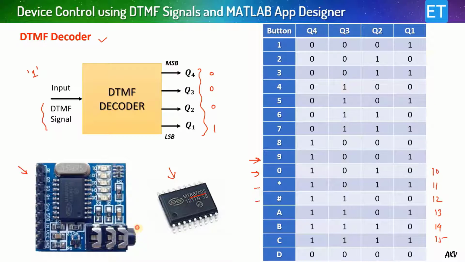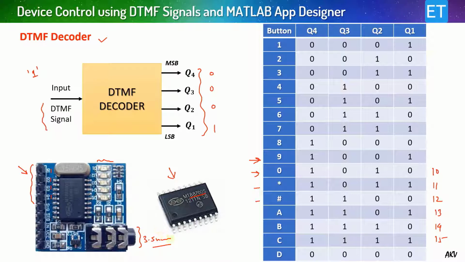So this is your audio jack. Here you can insert a 3.5 mm audio cable, through which you can give the DTMF signals to the circuit. And here you have the 4-bit binary output. You can see this is Q1, this is Q2, Q3, and Q4. And these are the corresponding status LEDs.